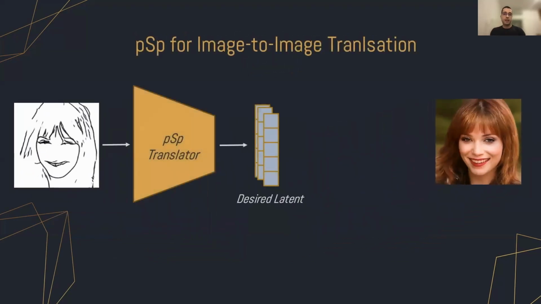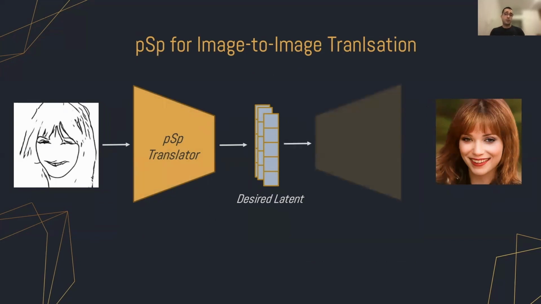So our key insight here was that we can actually encode our sketch image using a sort of translator into a desired latent code that corresponds to the desired output image that we want to attain. And this allows us to transform images, an input image and an output image, that do not reside in the same domain.